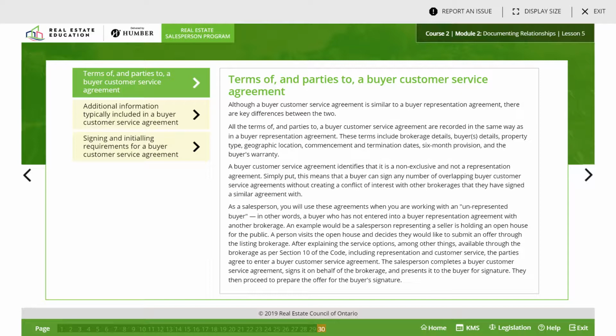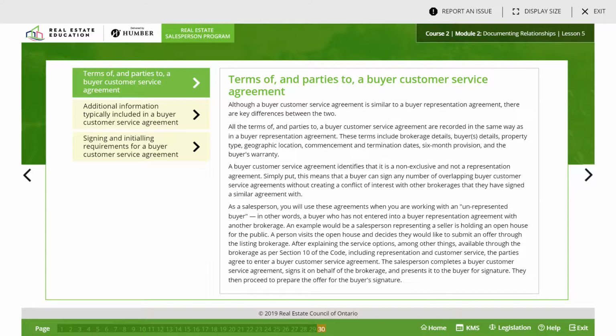These terms include brokerage details, property type, geographic location, commencement and termination dates, 6-month provision. Buyer customer service agreement identifies that it is a non-exclusive and not a representation agreement. Simply put, this means that the buyer can sign any number of overlapping buyer customer service agreements without creating a conflict of interest with other brokerages that they have signed a similar agreement with.